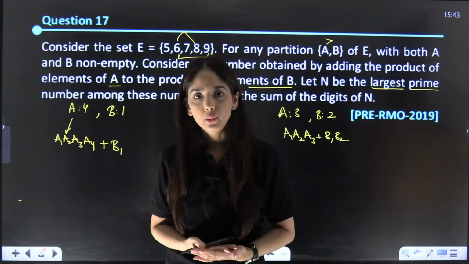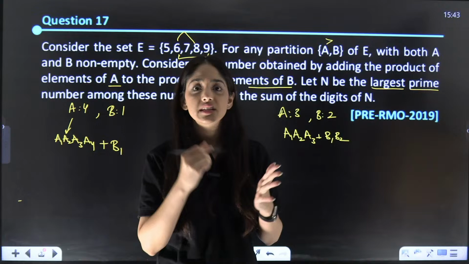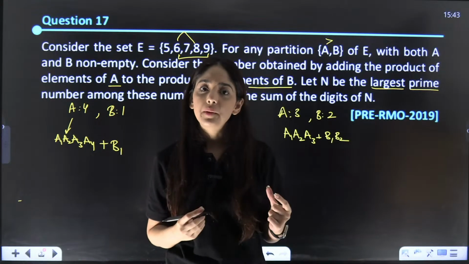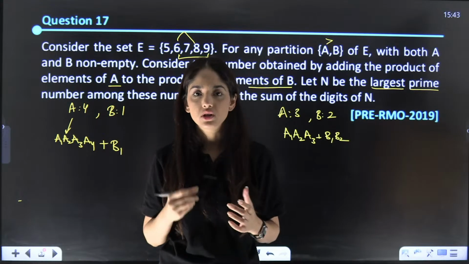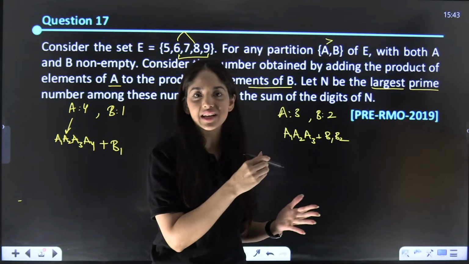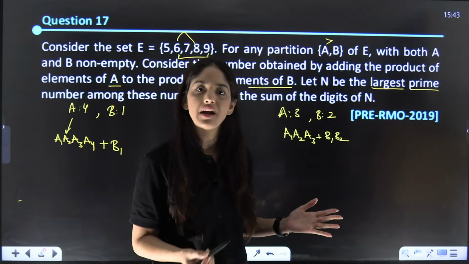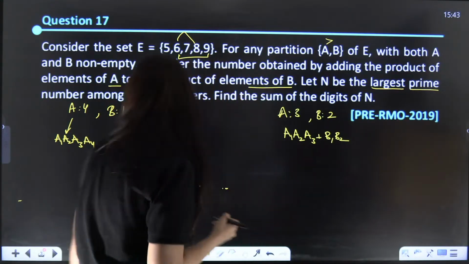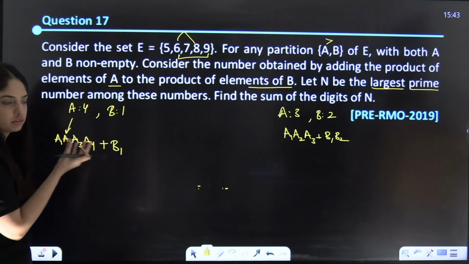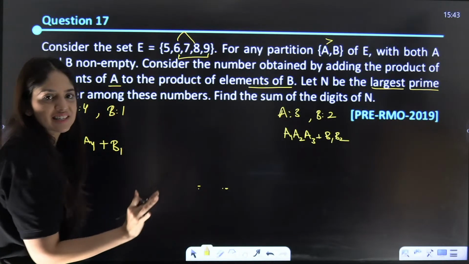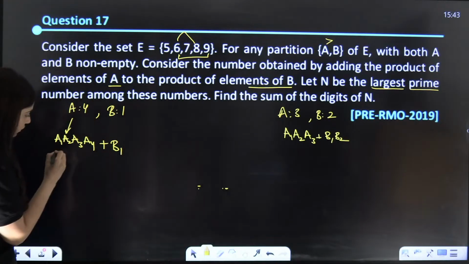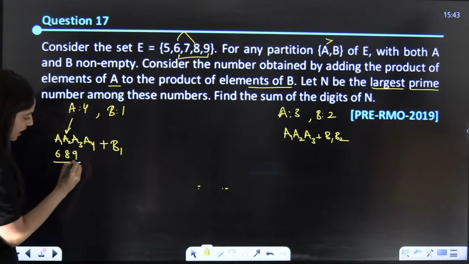So again it won't be a prime number, which means 6, 8 and 9, all 3 of them have to be in the same partition, because 6 has to be in the same partition as 8 and 6 has to be in the same partition as 9. And it cannot be in B because B has less number of elements. So we know 6, 8, 9 are fixed here.